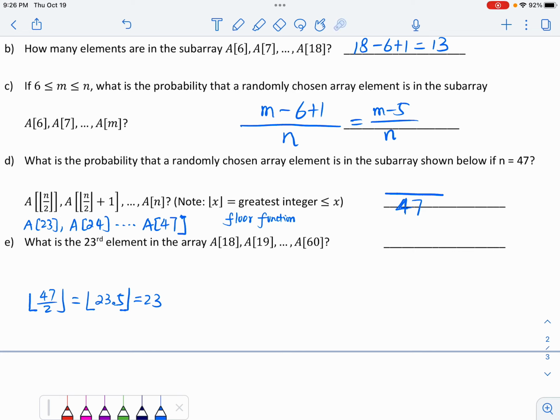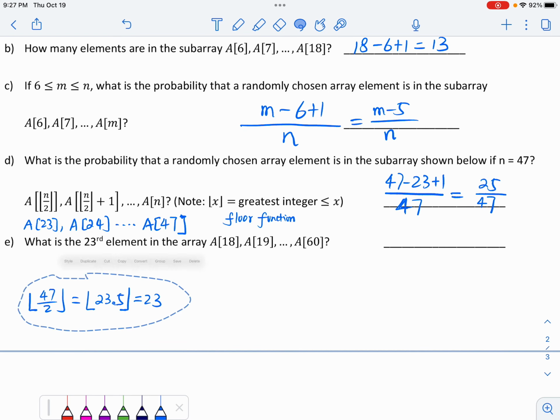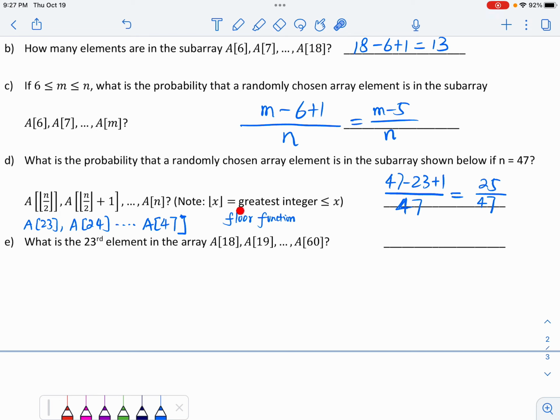And now, how many elements are from here to here? 47 minus 23, plus 1, which is 25, over 47. All right, that's a problem that's related to the greatest integer function.